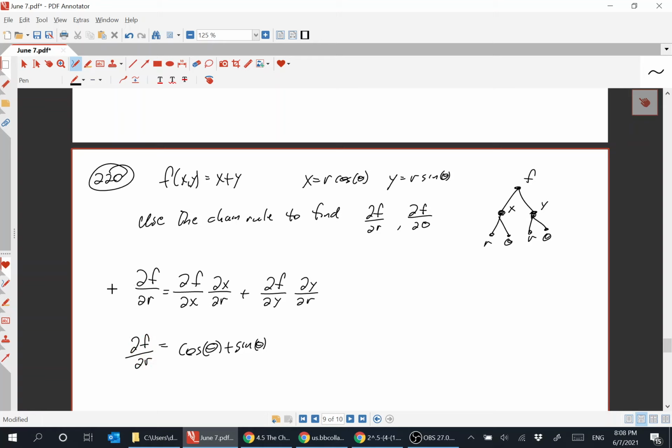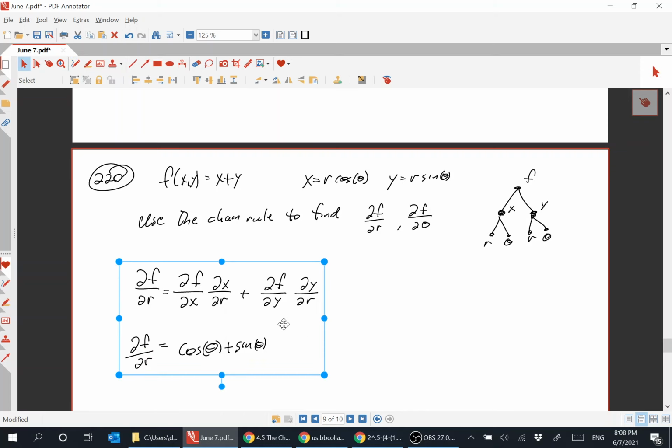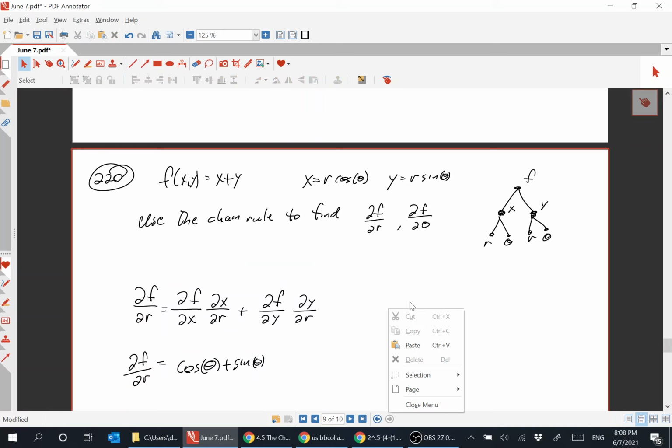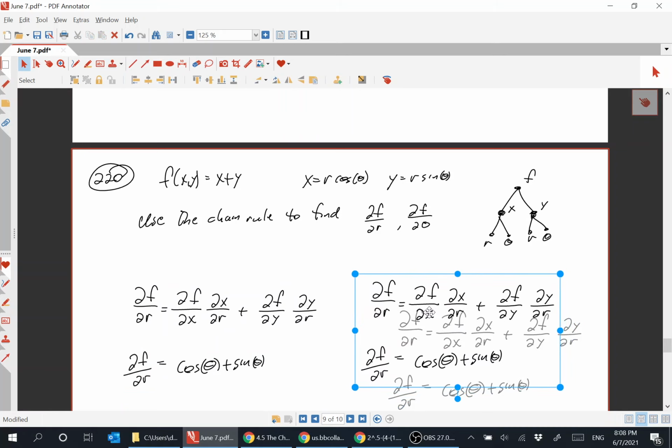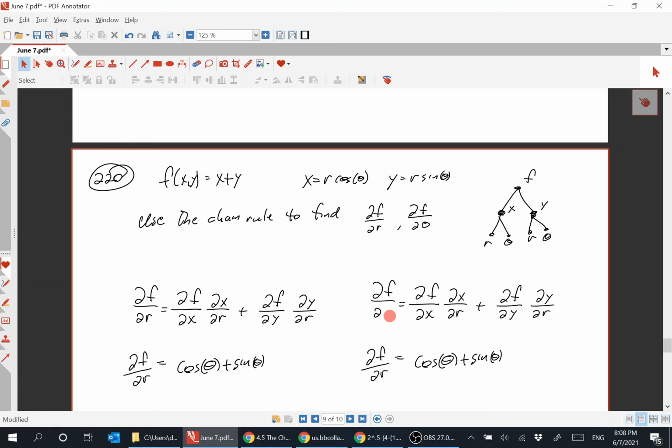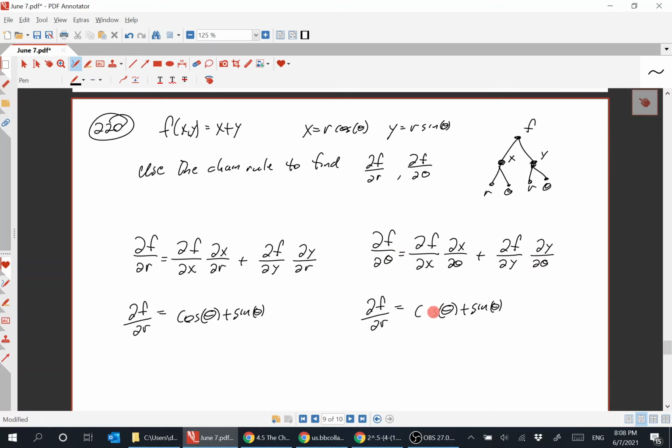So now for the partial with respect to theta, in this expression here, just the r's get turned into thetas. But the partial f with respect to x and the partial f with respect to y are the same.